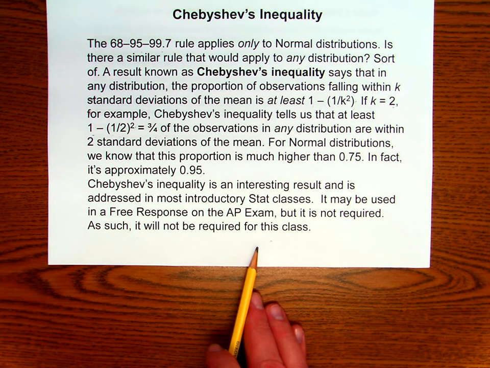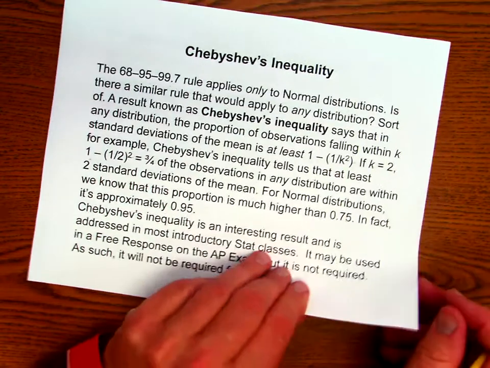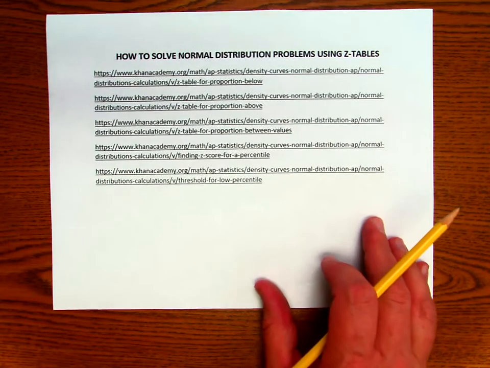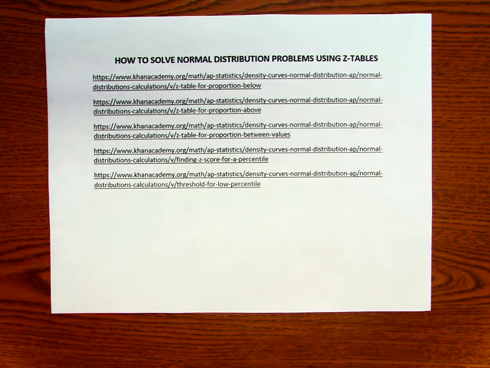All right, the last slide here. As I mentioned, all of these problems that we did today can be solved by working off of z-tables. Z-tables have been significantly de-emphasized on the AP exam. It's highly unlikely that you're going to see a question where you'd have to use a z-table.